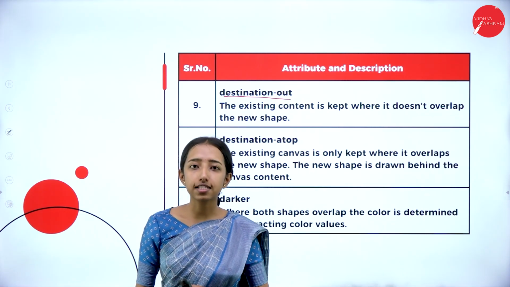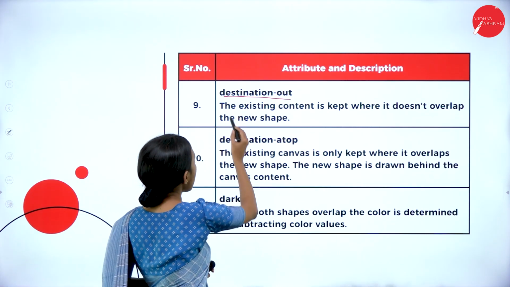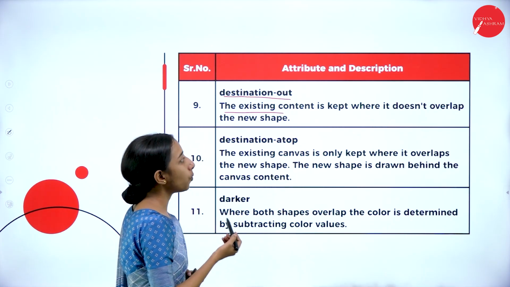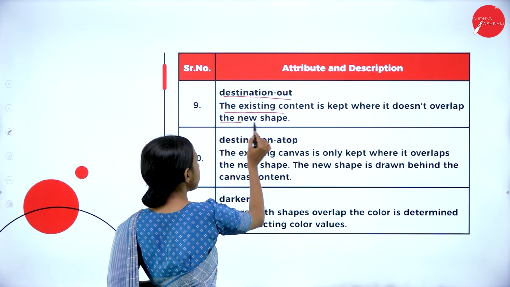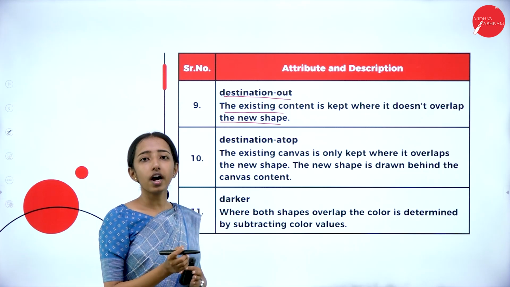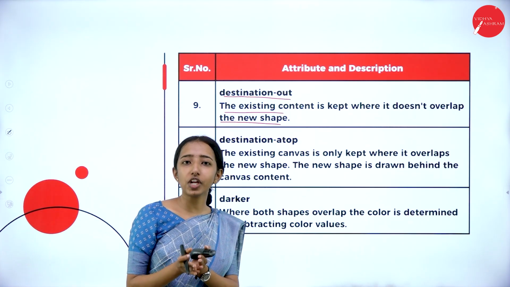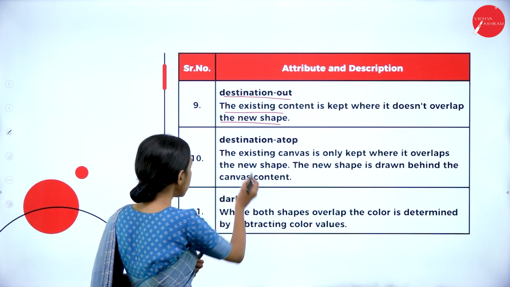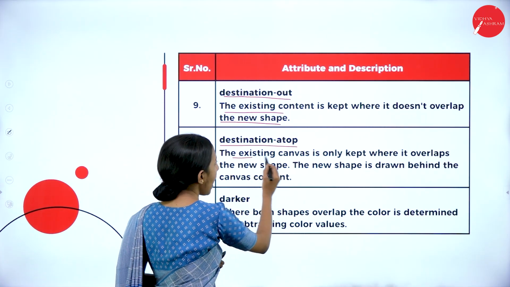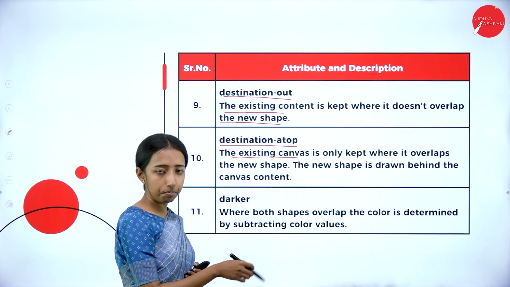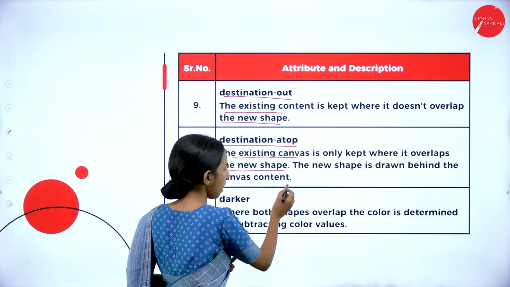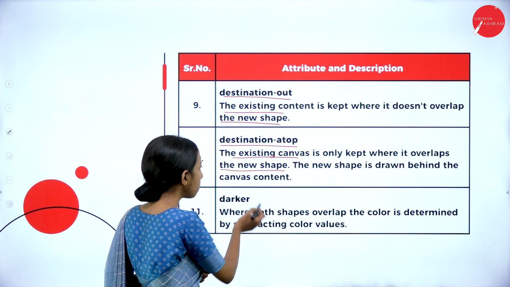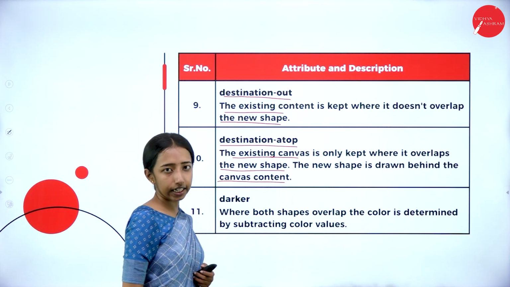So the next one is destination-out. What is destination-out? Here the existing content is kept where it does not overlap with the new shape. Then destination-atop: the existing canvas is only kept where it overlaps the new shape, and the new shape is drawn behind the canvas content.